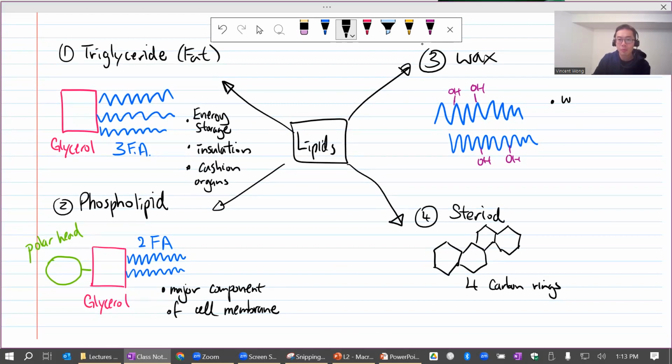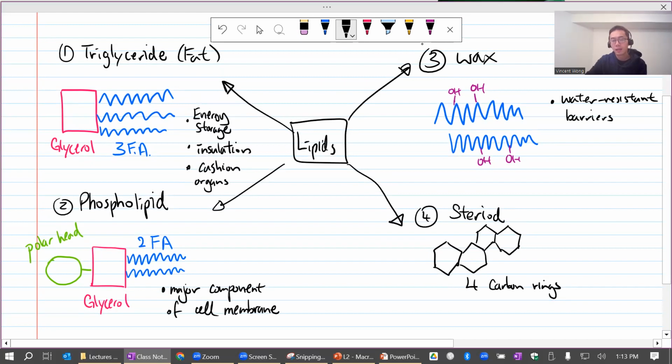Wax is to form water-resistant barriers. Okay. That's why when we wash our hands they don't swell up, because the water actually doesn't go into the hand, right? I mean, if you stay in the bathtub long enough, then the water will eventually start going in. That's why you have those wrinkles in the fingertips.